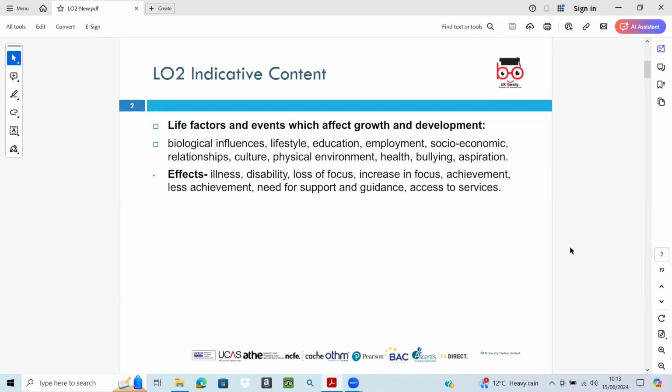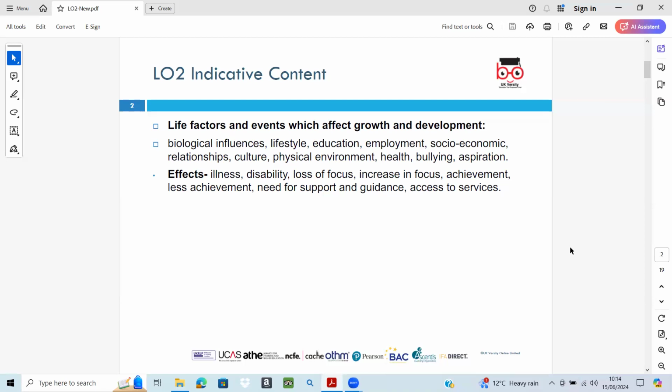Then we have relationships. Relationships with family, friends, and peers play a crucial role in emotional and social development. An example is that supportive relationships can boost self-esteem, resilience, and social skills. Negative relationships, such as those involving abuse or neglect, can lead to emotional and psychological issues.